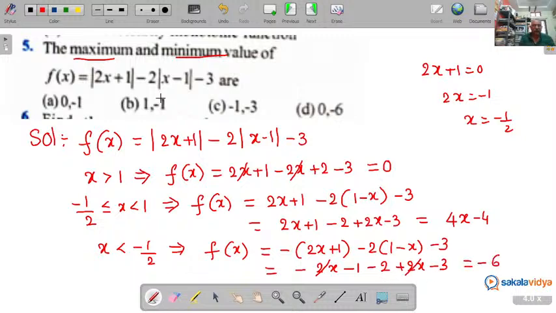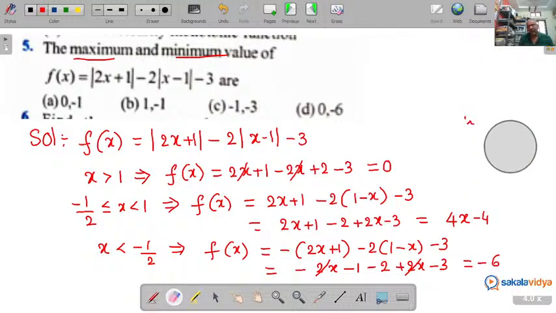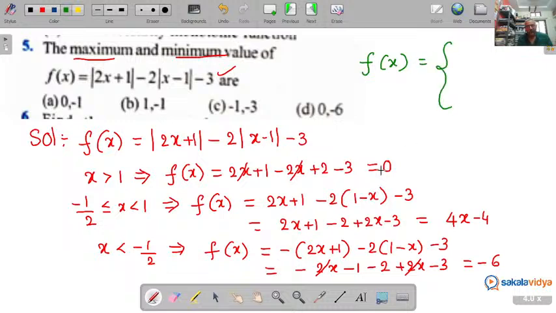Now this function we can write rewritten as, remember the function is rewritten like this: f of x equals 0 when x greater than 1, this is 4x minus 4 when minus 1 by 2 less than or equal to x, x less than 1, is equal to minus 6 when x less than minus 1 by 2.